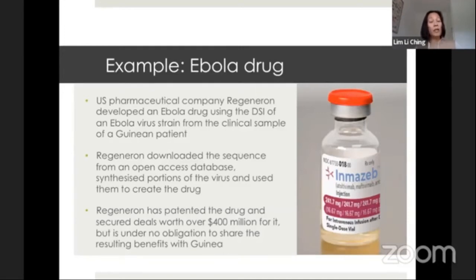However, Regeneron has also patented the drug and secured deals worth over $400 million for it, but has been under no obligation to share the resulting benefits with the country of origin of the virus strain, which is Guinea. So this is really an inequitable situation.